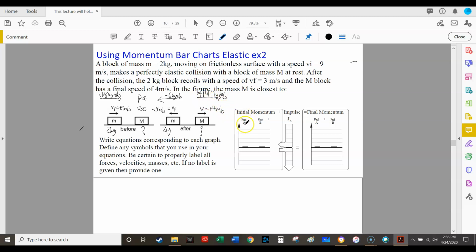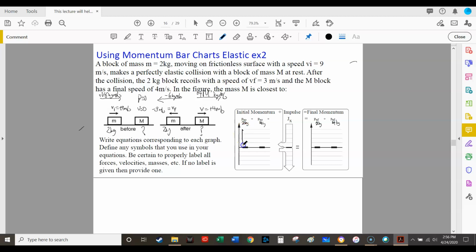Well, let's go ahead and fill this in. This is our 2 kilogram object. This is our 4 kilogram object. I could have labeled these A and B, but I like actually putting the number in too. So let's say before the impact, this was 18, right?